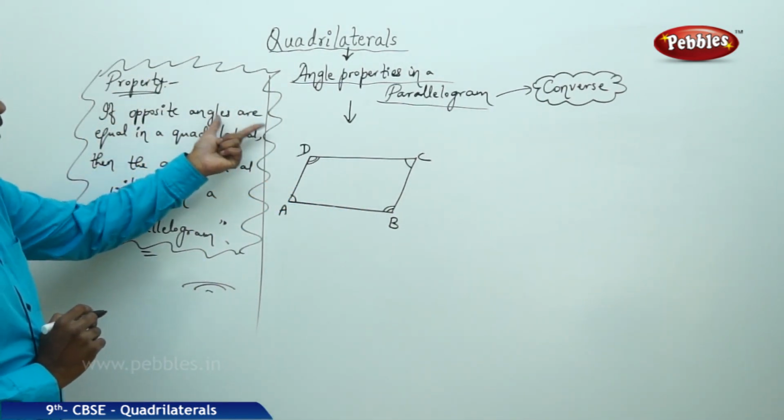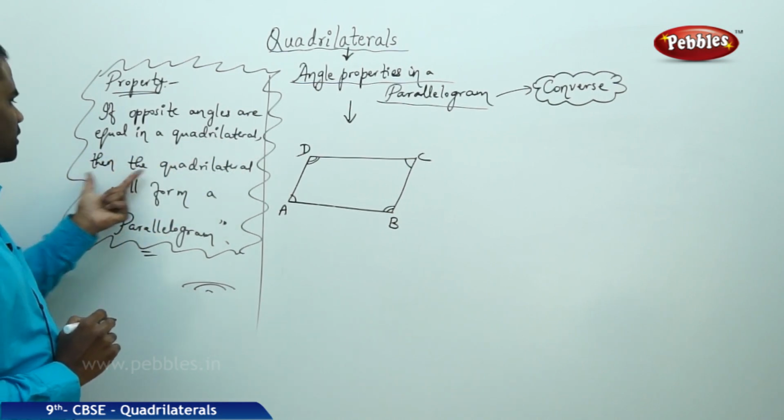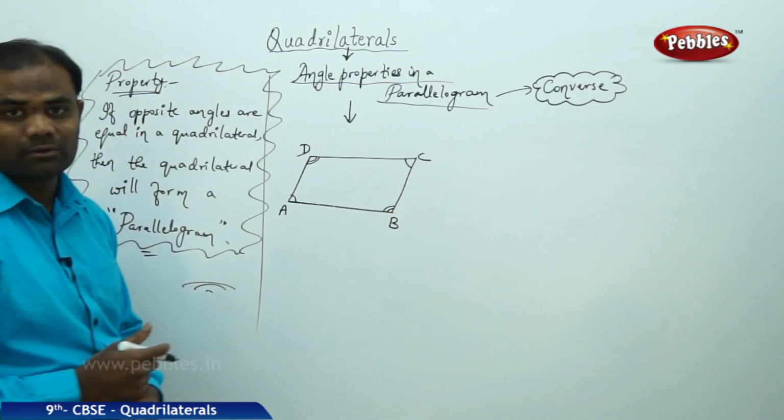So if opposite angles are equal in a quadrilateral, then the quadrilateral will form a parallelogram.